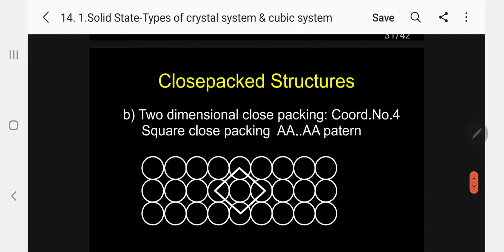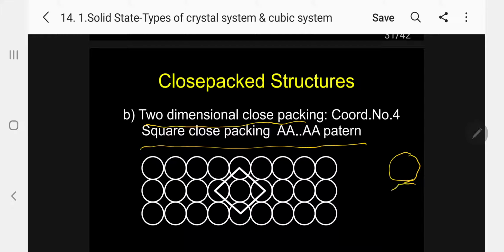When I go for two-dimensional, I can go 2 ways. One is two-dimensional close packing in the AA pattern. What is the meaning of AA? Suppose A, and again below there is another atom, and below again another atom. This is called the AA pattern.